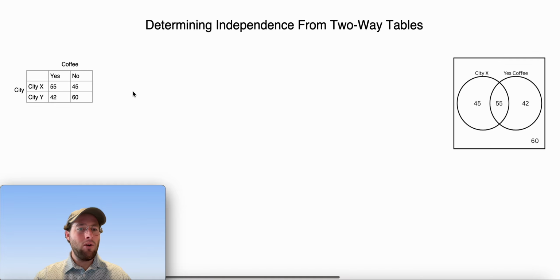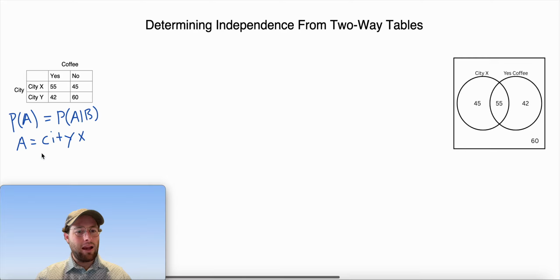To find that out, we check if the probability of A, which is living in city X, is equal to the probability of A given B. A corresponds to living in city X, and B corresponds to yes, drinking coffee. So let's calculate those probabilities.